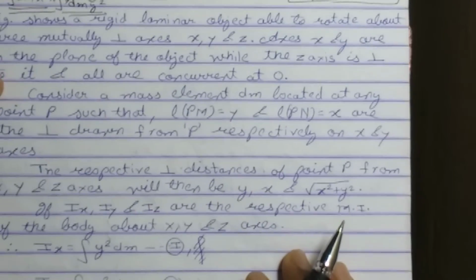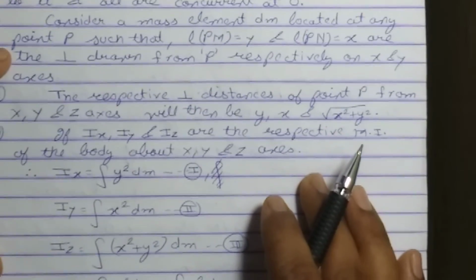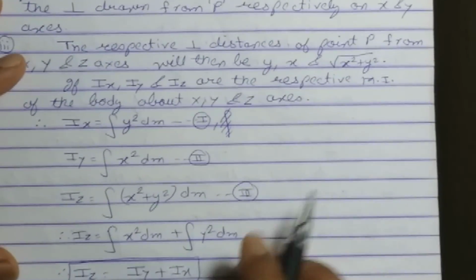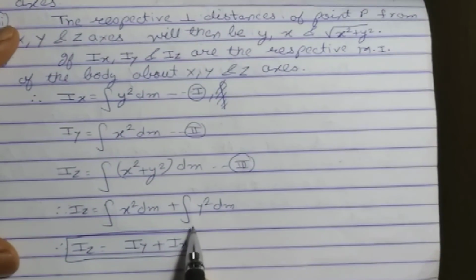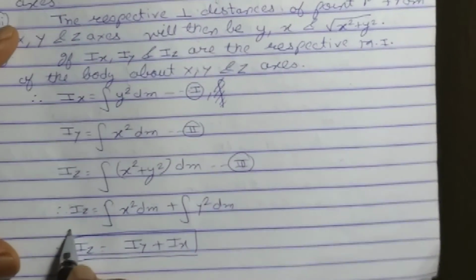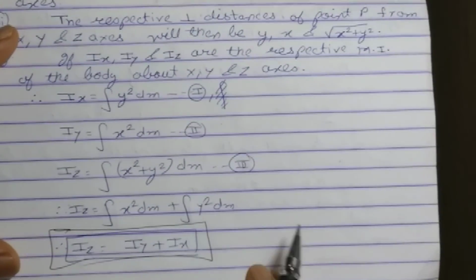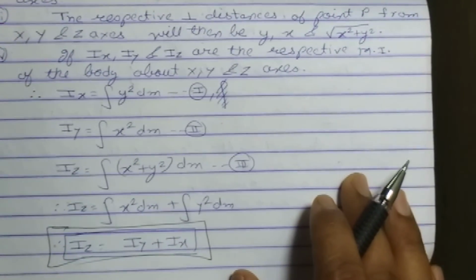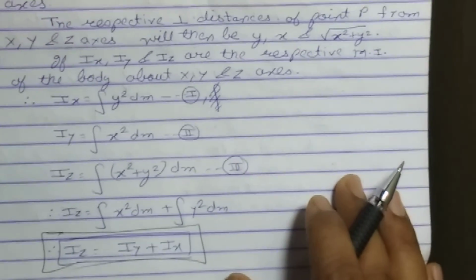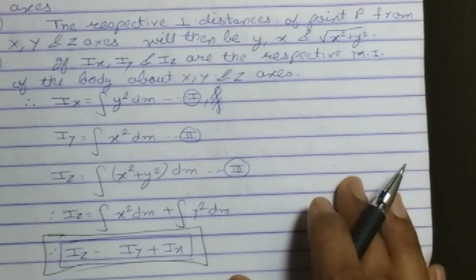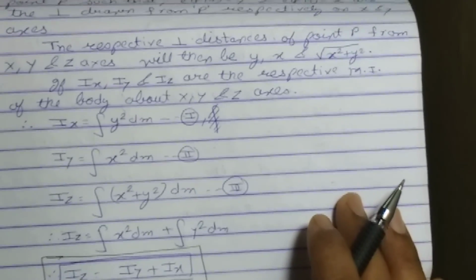You can see I have written here the whole derivation. In place of the integration of x square dm, I am going to write Iy, and the integration of y square dm is Ix. So hence we prove the perpendicular axis theorem. Hope you understood the perpendicular axis theorem. In the next lecture, we will derive the expression and statement for the parallel axis theorem. Thank you very much.